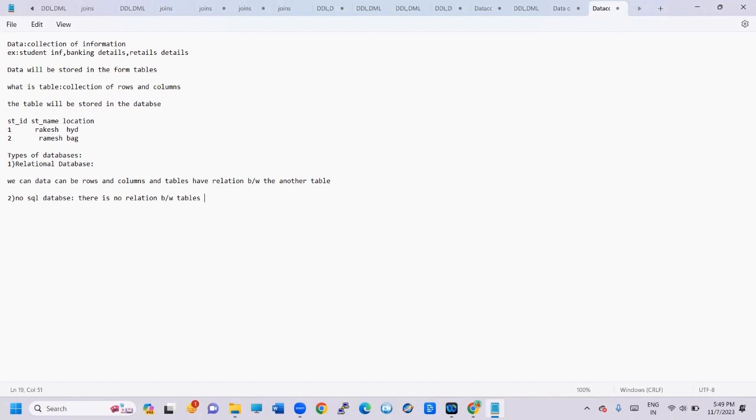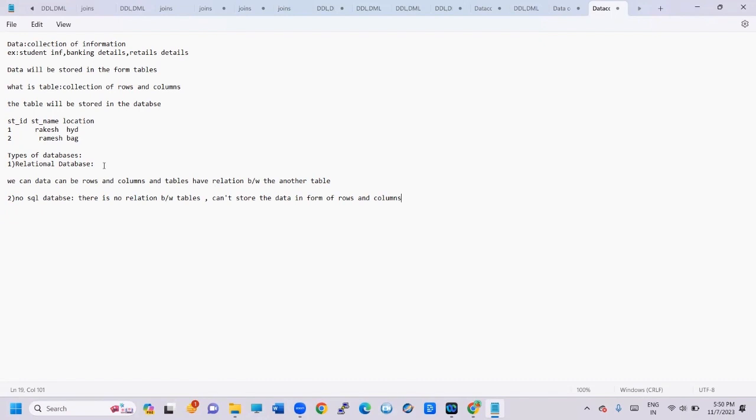In a NoSQL database, we can't store the data in the form of rows and columns.